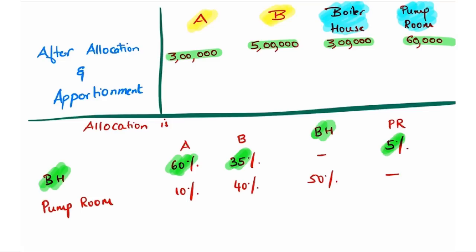And pump room is providing 10, 40 and 50%. What is happening? Pump room is providing service to boiler house, and boiler house is providing service to pump room. We call such services reciprocal servicing. Now in this, we'll take this particular question and try solving it under the first method, called repeated distribution method.